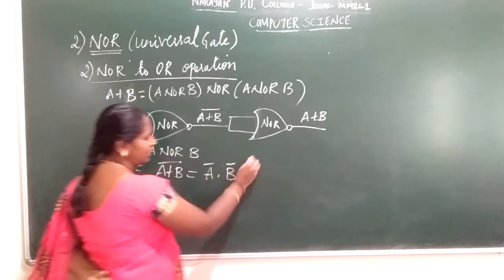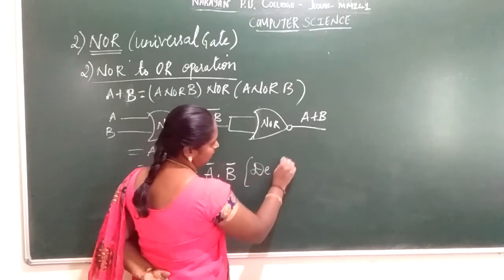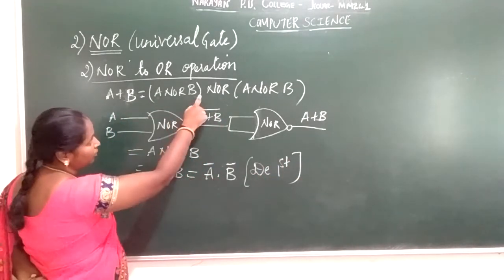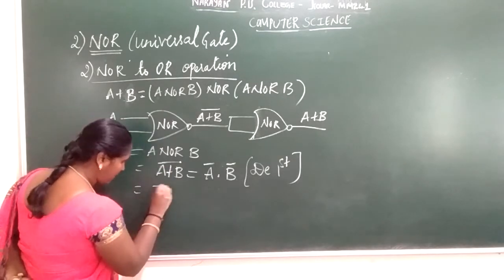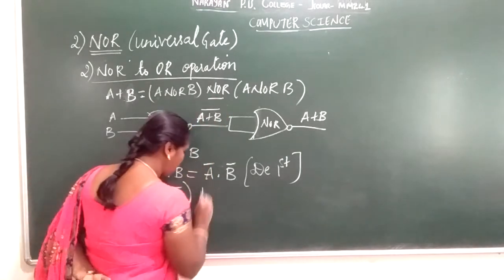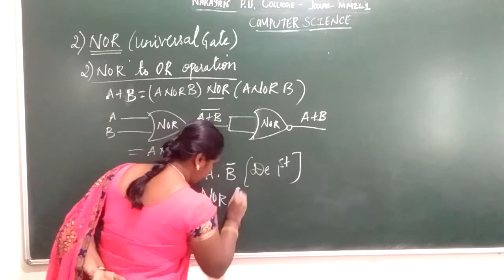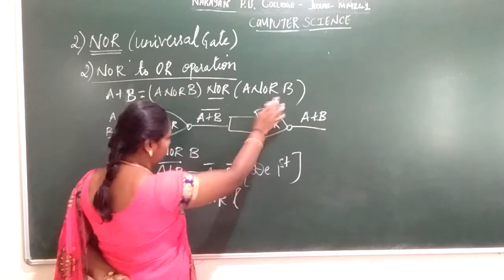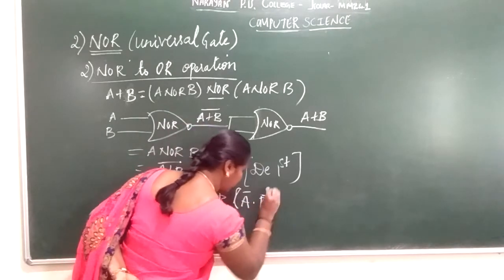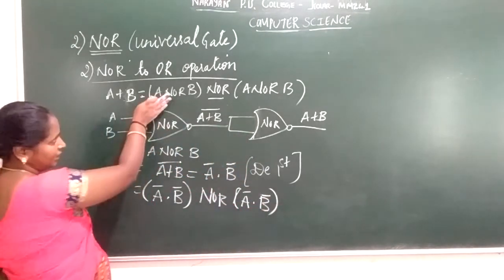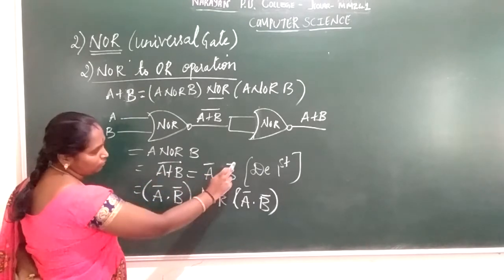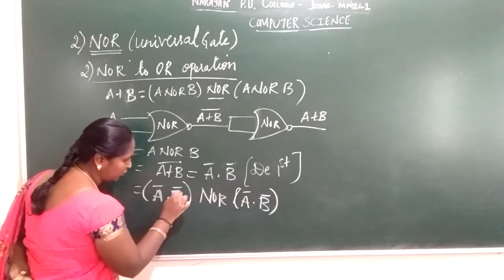I am writing this NOR as it is. Next, a NOR b is nothing but a bar into b bar, so I have written a bar into b bar.